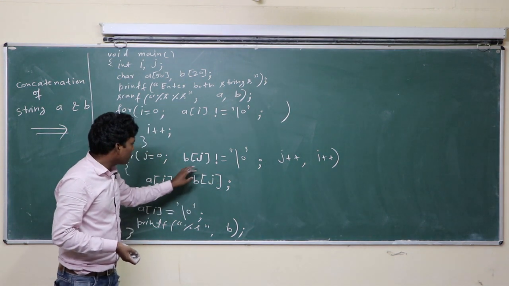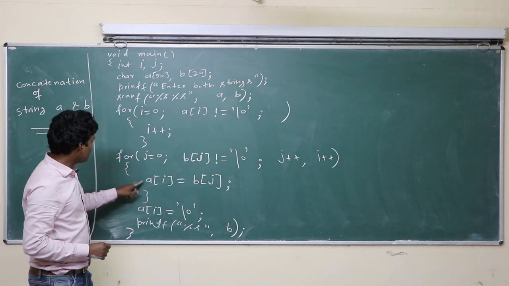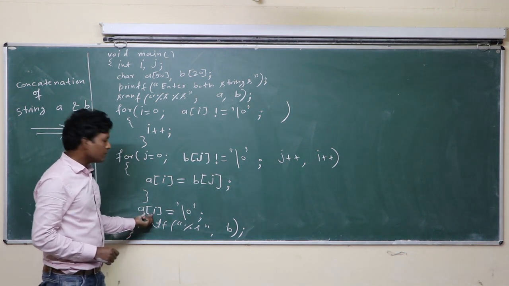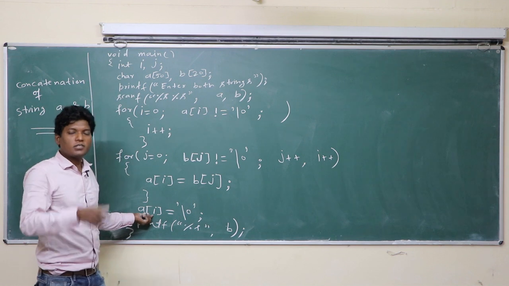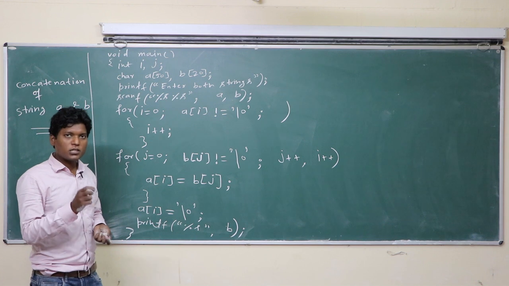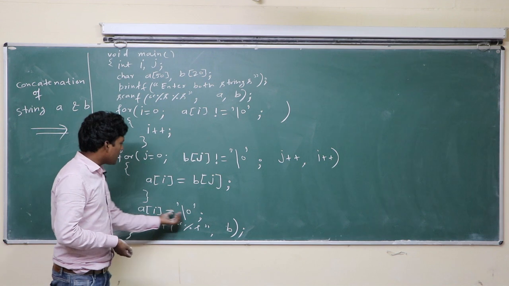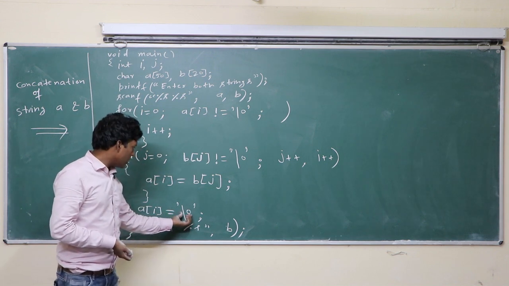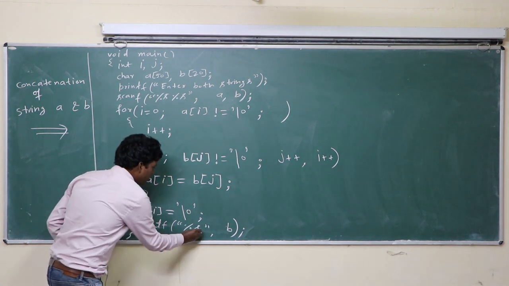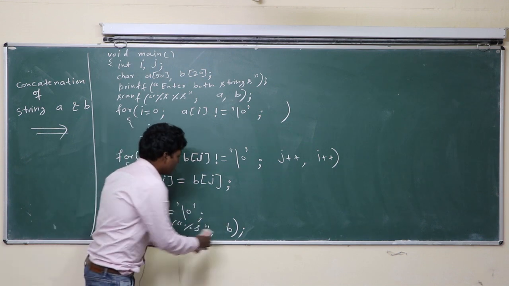So string B is copied after string A. When control exits from this loop, string A has all the content of string A plus string B content, and the content of string B is just after string A. Okay, and here we assign the null character in the last of string A. Now printf %s, sorry, %s a.